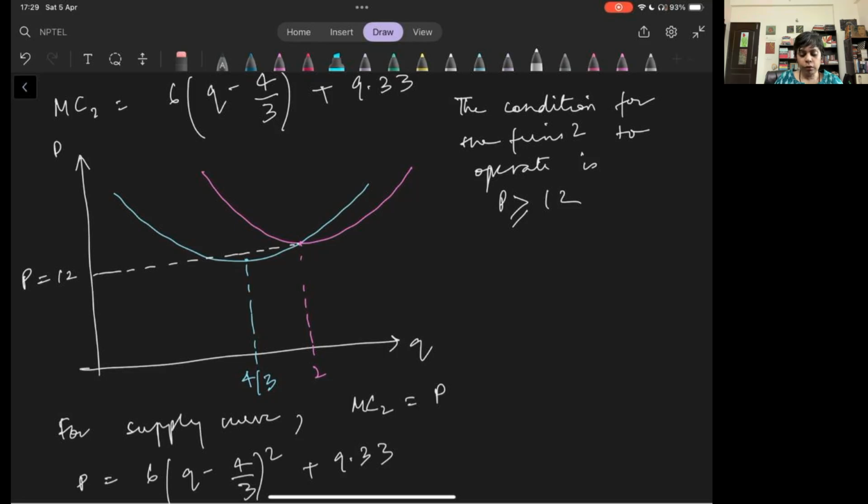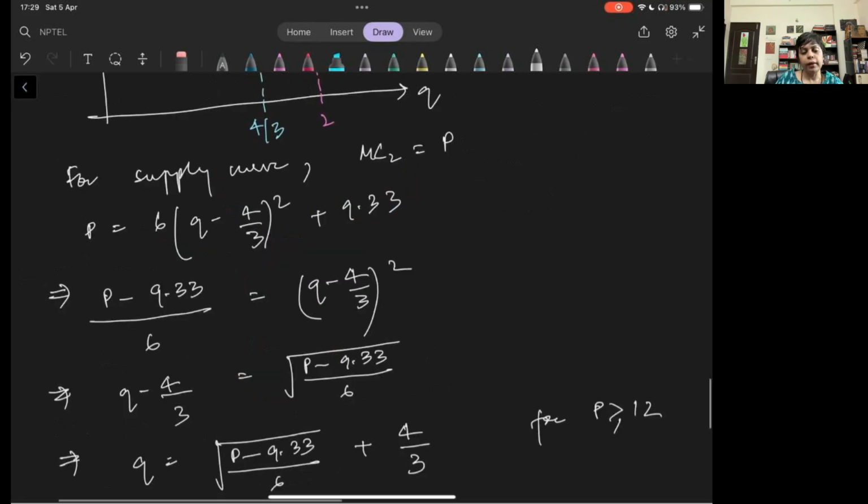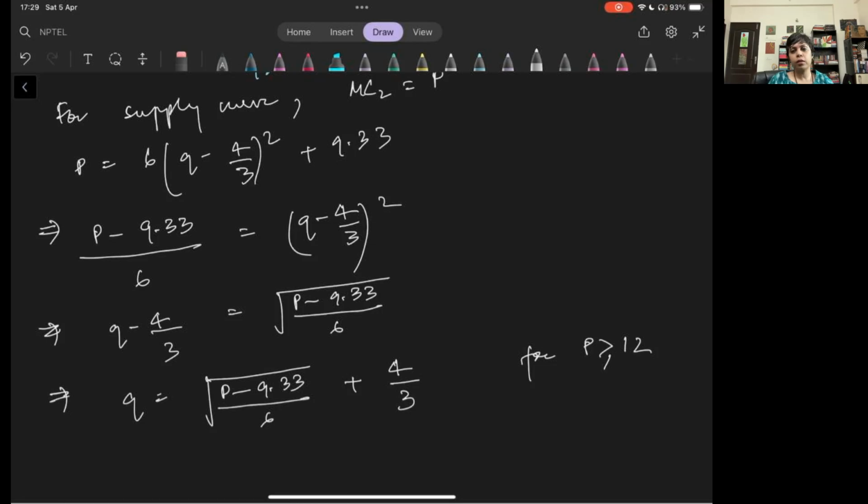So we found that price, and then we just use the marginal cost relation to rewrite it by replacing marginal cost with P, and we rearrange the terms algebraically to express Q as a function of P instead of P as a function of Q, and that gives you the supply curve.